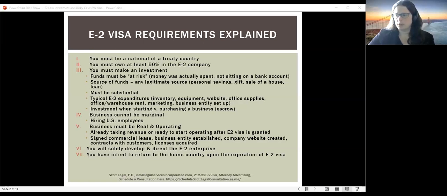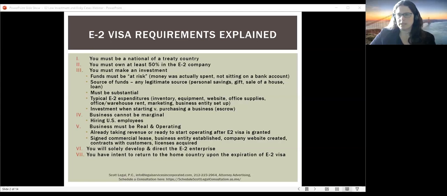What you need to show is that the company has gotten itself to the place where it could start operating once the E-2 applicant is granted their visa. So this is going to be things like a signed commercial lease, that you've established your business entity, you created a website, you've signed contracts, you've acquired all necessary licenses to run your business. So you're at the point where you could start to operate once you're authorized to work in the United States.